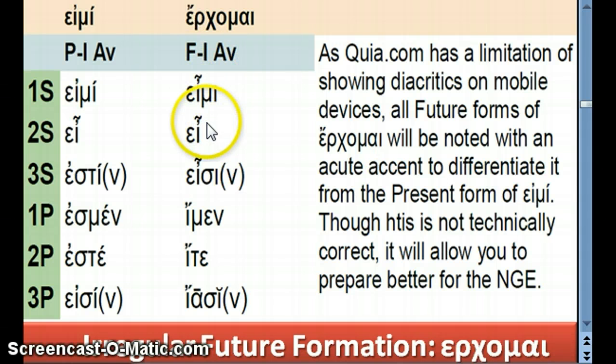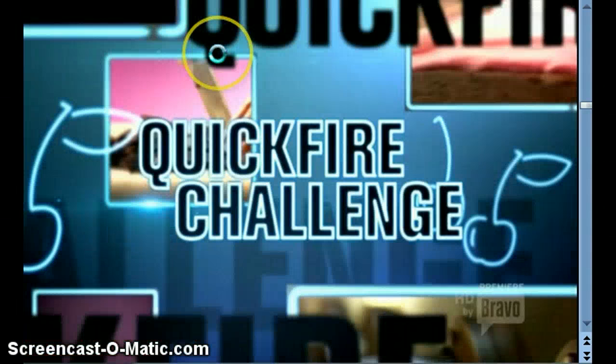For the rest, between the present and the future, on quia, they will have an acute accent. So if you see Amy on quia with the acute accent, that tells you it's going to be the future. Though it's not technically correct, neither are accent marks for that matter. So be aware of that, and you will be seeing the future.